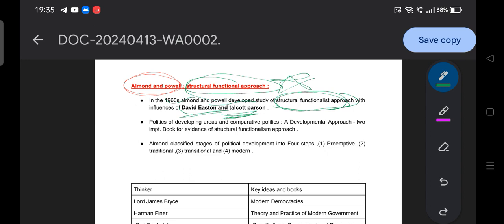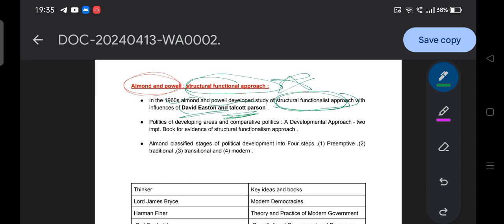Then from Talcott Parsons the functionalism approach, David Easton was influenced by Talcott Parsons. From David Easton along with Talcott Parsons, Almond and Powell derived the idea.